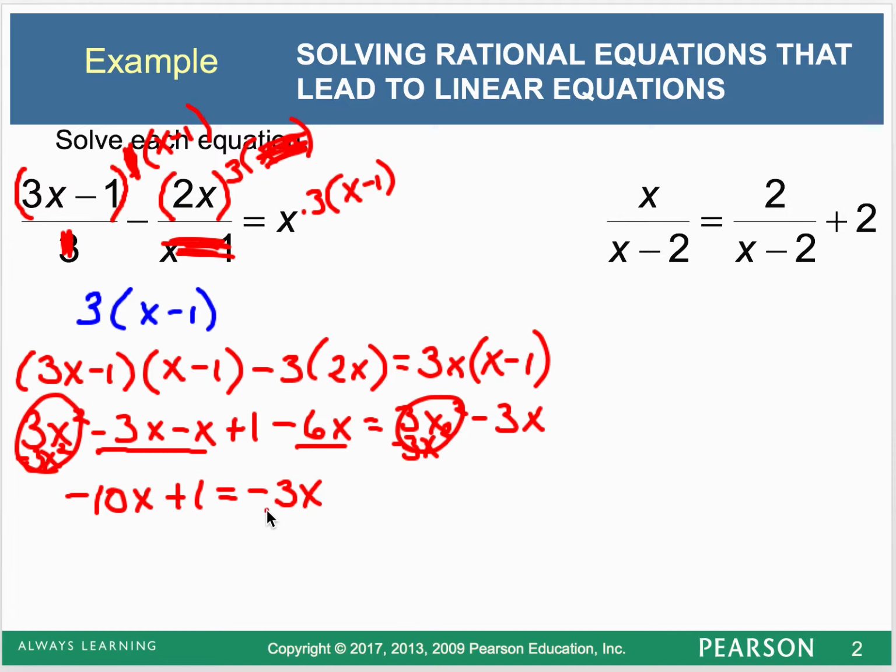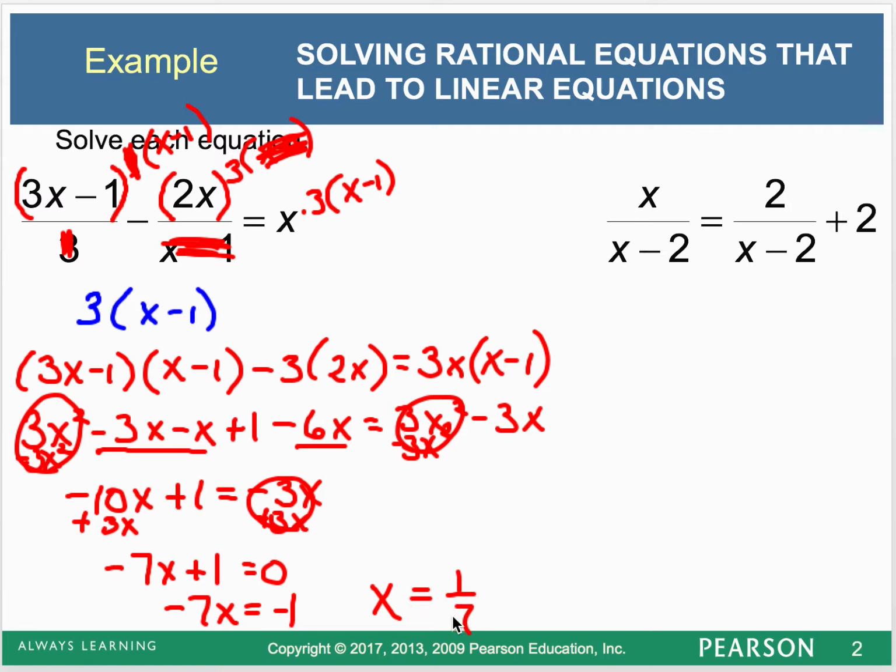Let's add 3x. So, negative 7x plus 1 equals 0. Subtract 1, negative 7x equals negative 1. And divide by negative 7, so x is 1/7.